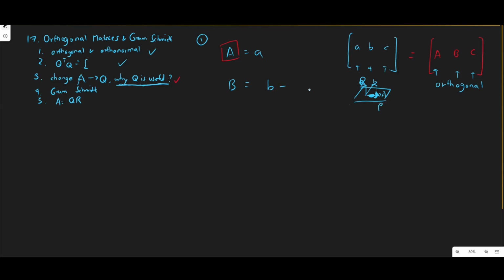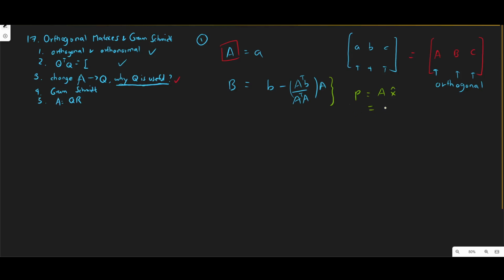I'll first write the formula that is important to remember. So this is how it goes. And where does this come from? This is actually just the p. If you remember, p is some combination of the columns of A with the x hat. So x hat is the new x, remember?